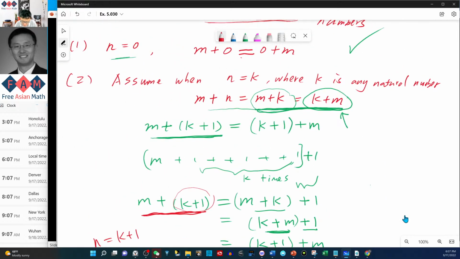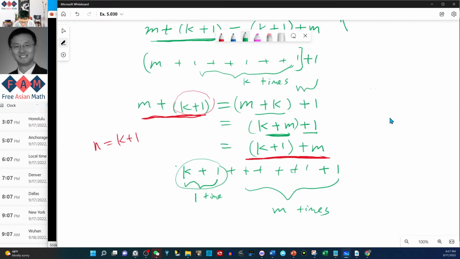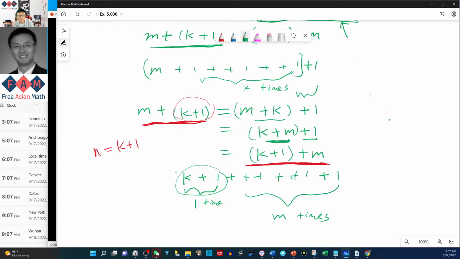We finished the initial check when n equals 0. The commutative law works: m plus 0 equals 0 plus m. Then we assume when n equals k, this is also true: m plus k equals k plus m. Remember, this is the hypothesis. We assume this is true, but we need to show that if this is true, then m plus k plus 1 equals k plus 1 plus m. Therefore, we complete the induction step.